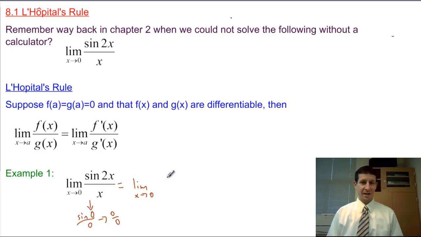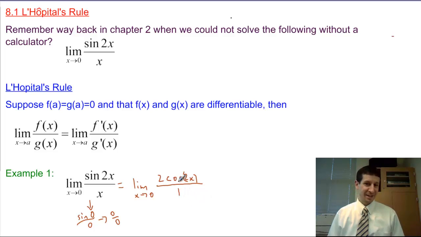The derivative of sine is cosine 2x. Don't forget the chain rule. We have to multiply by the derivative of 2x, which is 2, all over. This formula says to take the derivative of the bottom. The derivative of x is 1.